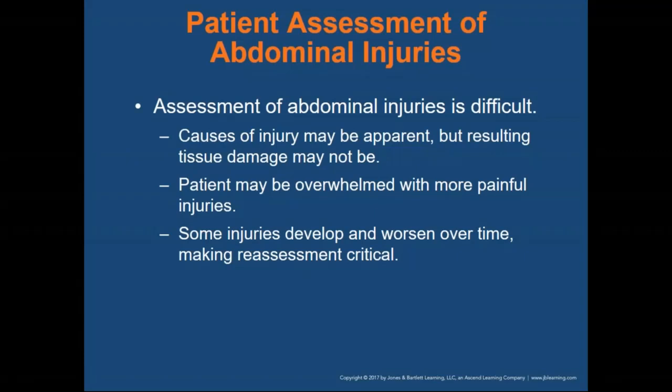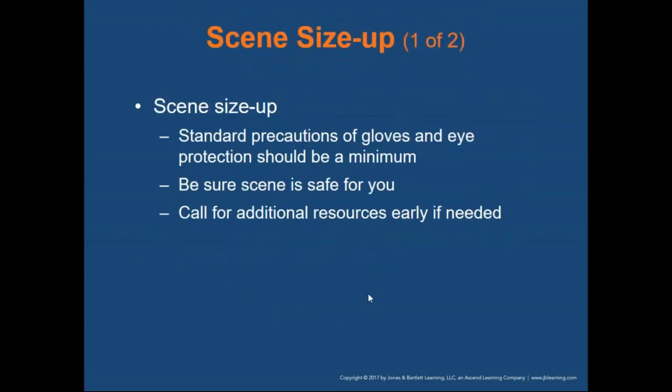Call for a helicopter to meet us on the way somewhere if we have a super long transport, because this kid needs a surgeon. Trend those vital signs, reassess that patient, watch for deterioration in that patient over time. The more they lose blood, the worse their condition is going to be, obviously. You didn't need to come to EMT class to know that.